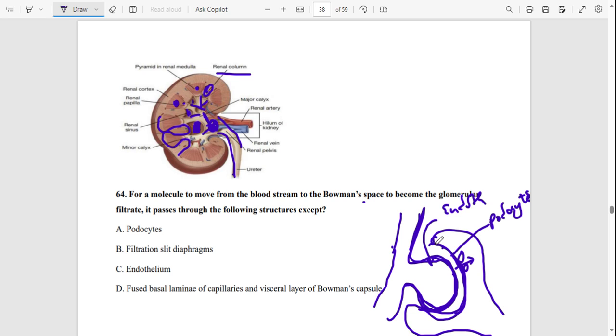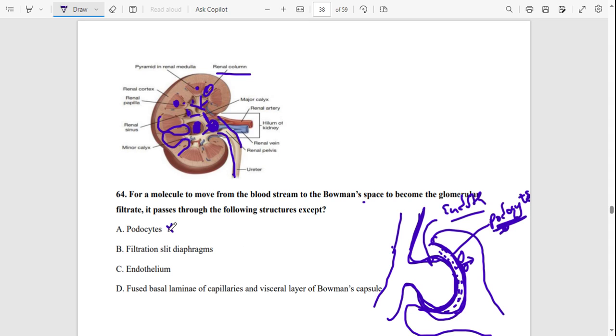Now, of this layer that you can see, this is a parietal layer. There is also a visceral layer that has to be passed. So there are basically three layers: the endothelium, the slits, and also another layer. Because you are also going to have a basement membrane at this point, the basement membrane where the blood vessels are lying, where the endothelium, the podocytes I mean, are lying.